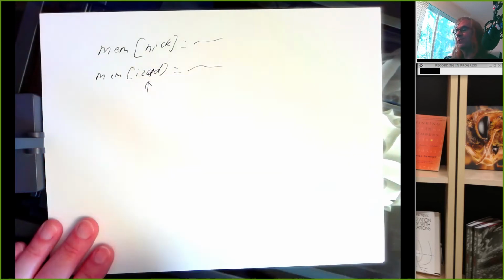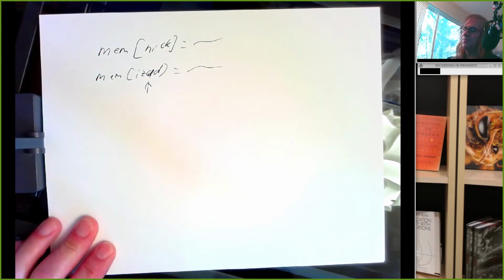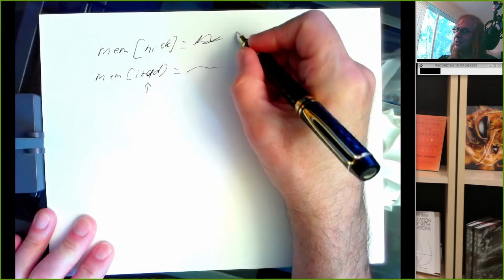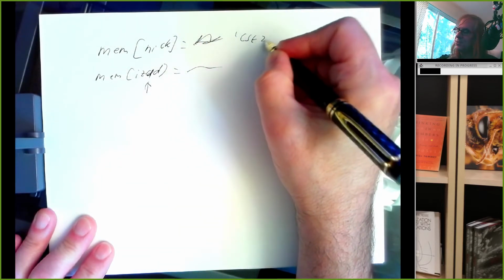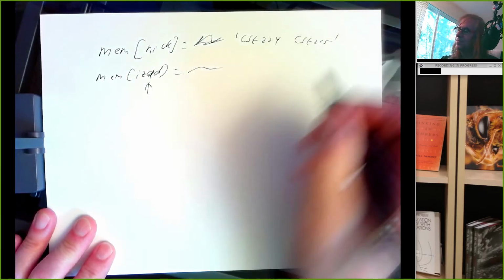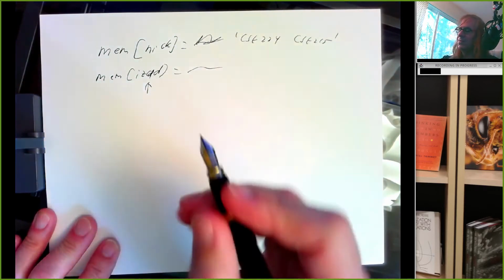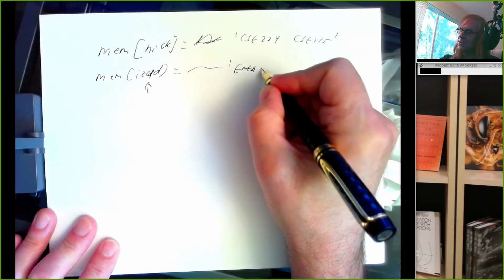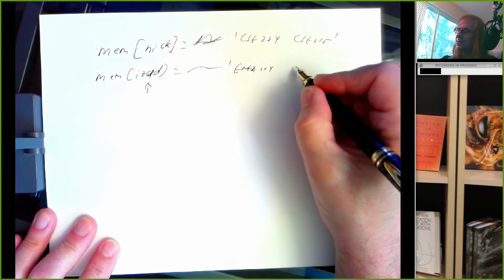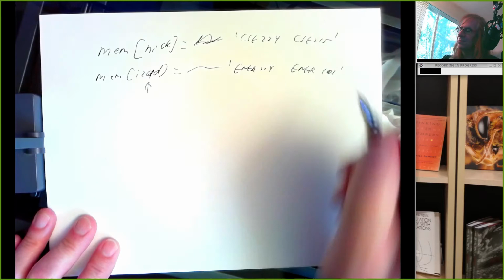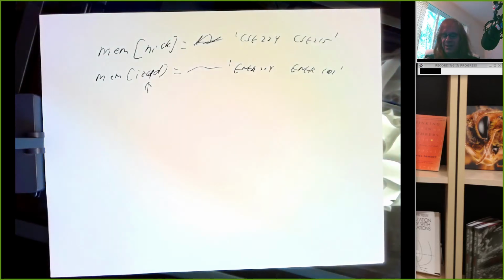For example, if I wanted to record what class I was teaching, I could say mem bracket Nick equals quote CSE215. And mem Izad might be engineering 204, and I don't know if he's teaching 101 this quarter or not. Right? And so you can use this however you want.